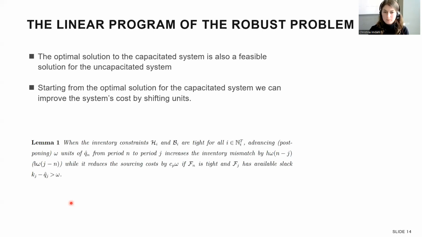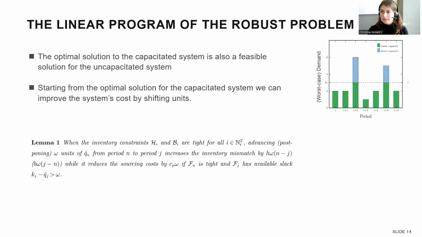What we find is that if these constraints H and B are tight, then if we advance units, we are paying extra holding cost, but we're also saving the cost premium. And if we are postponing orders, then we're paying the back order costs, but we are saving the cost premium. So just to visualize this a bit, here we can see the worst case demand realization and the base stock.